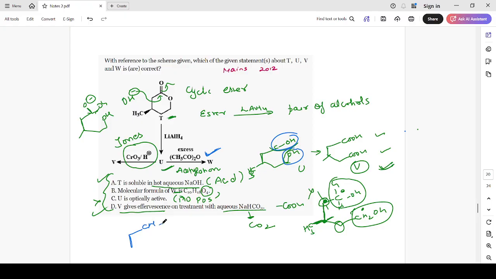I would have CH2OCOCH3, CH3, and here again also CH2OCOCH3, correct? So there are four oxygens as it is provided to you. So options A, B and D are right here.